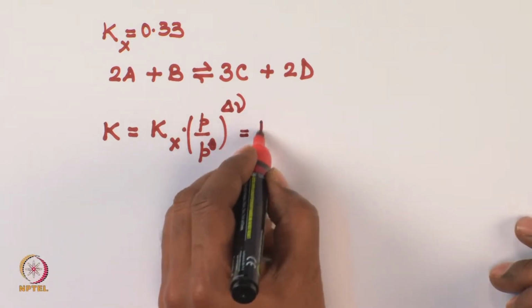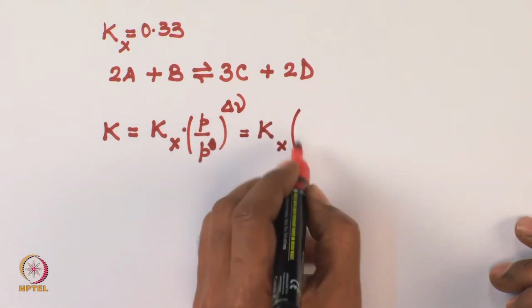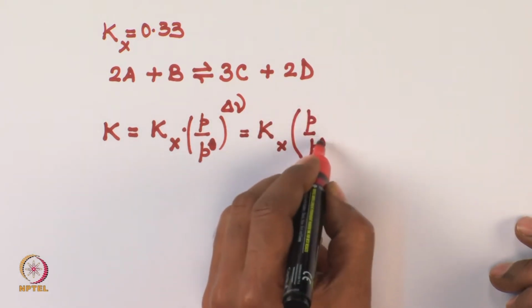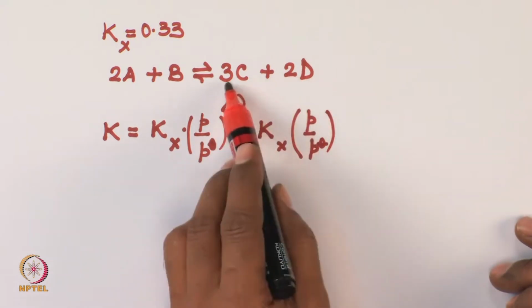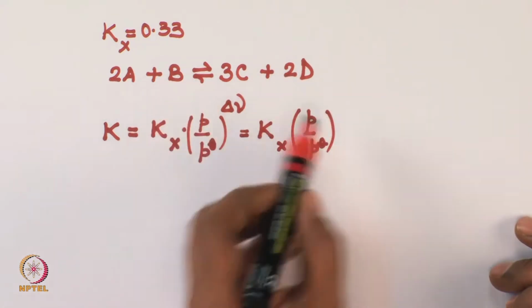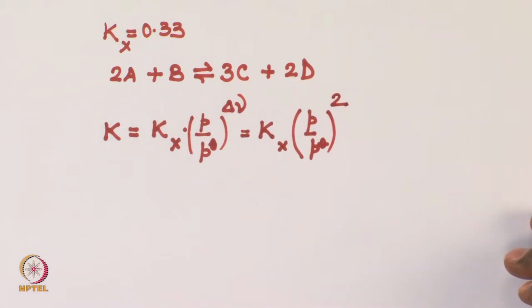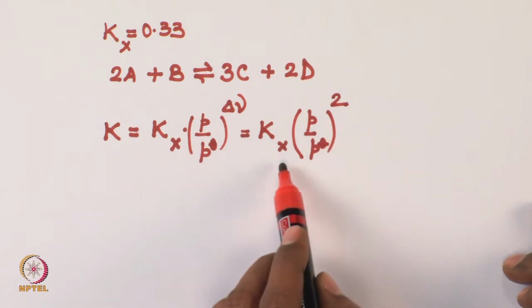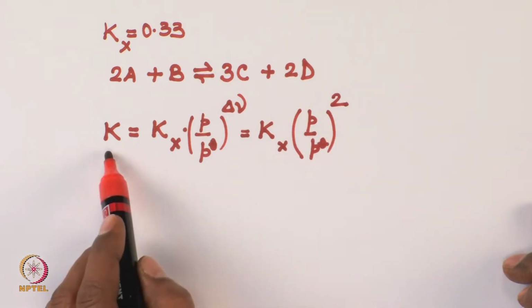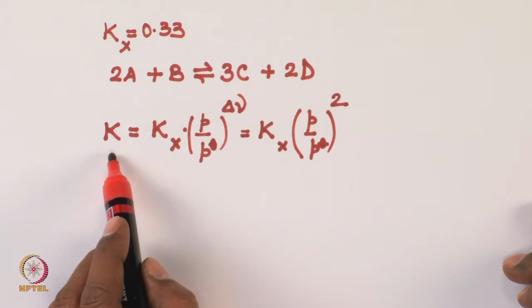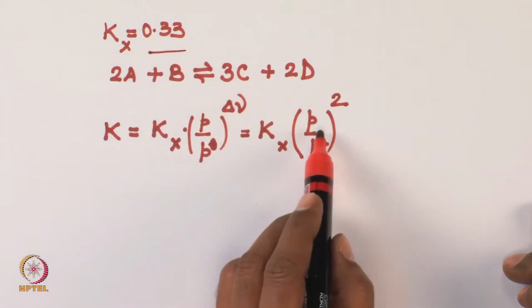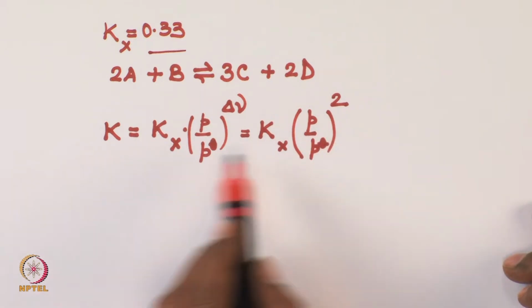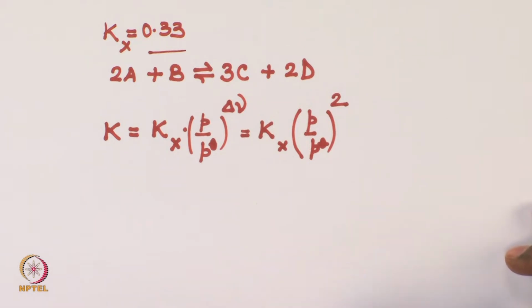Delta nu will be 3 plus 2 is 5, 5 minus 3 is equal to 2. Now, if I know the total pressure at equilibrium and I know the value of Kx, I can get the value of K. Kx is known, and if P is 1 bar, then K is equal to Kx. And this is the condition which is given to us.